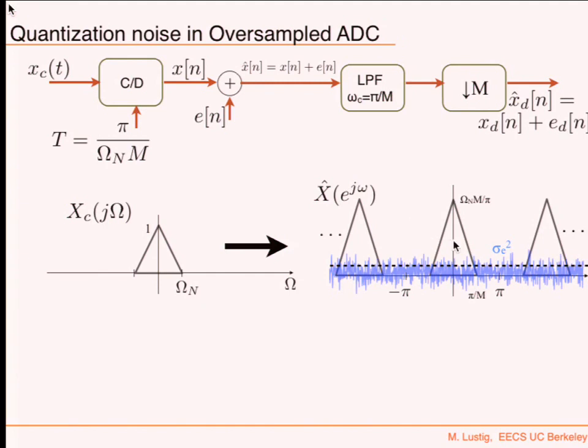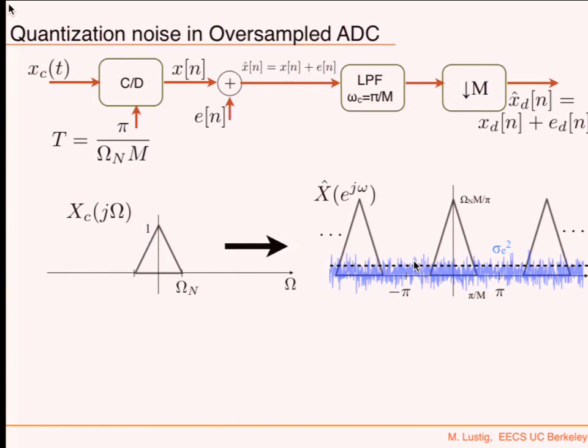But noise is always spread, which means that if I low-pass filter and then decimate, what happens to all this noise? What's happened to all the noise? Right? It's filtered out. Okay?